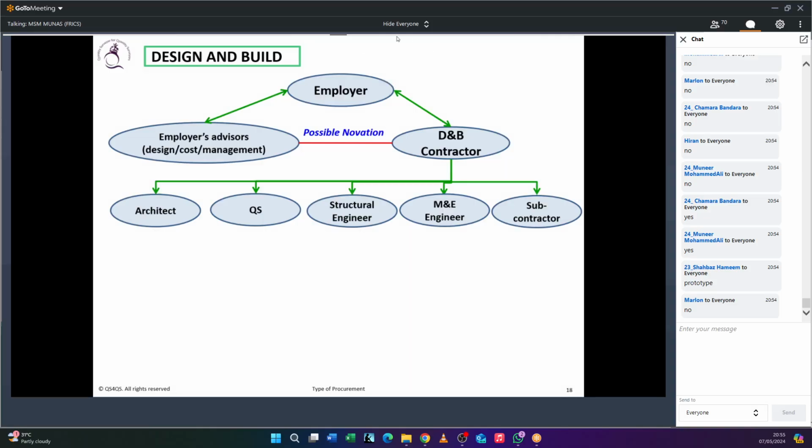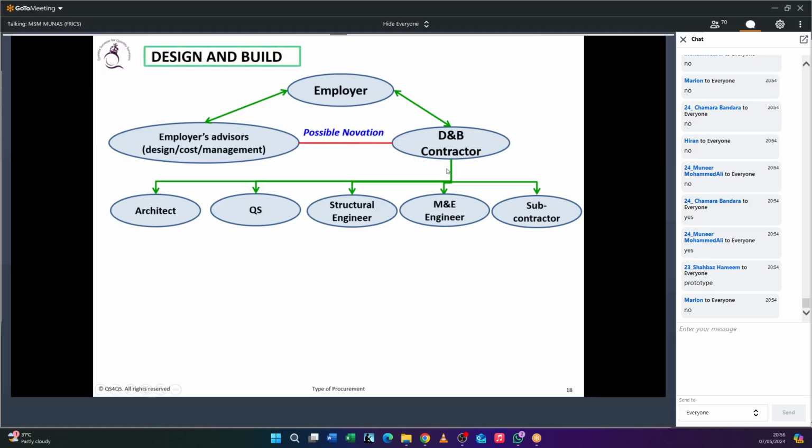So initially, the employer hires a designer or employer advisor to develop the employer requirement. Are they doing any design here? They will do concept design. Okay, very rough layout sometimes, not detailed design, and the design is developed by the contractor.